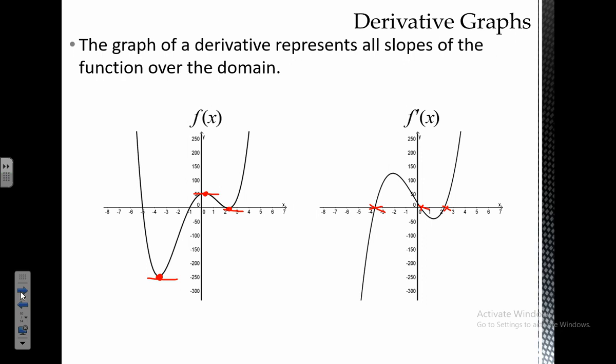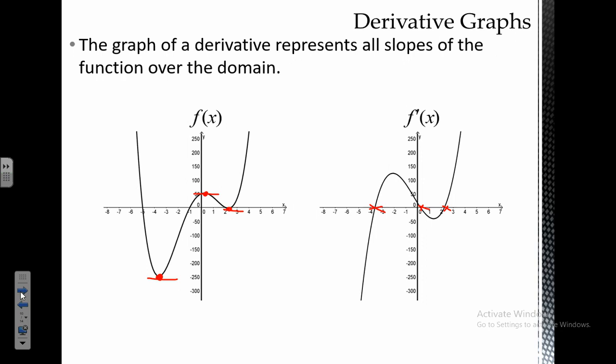We'll talk later about these points being relative minimums and maximums, which is a term that you talked about last year in pre-calculus. That's nothing new. But those are going to correlate with x-intercepts here on our derivative graph. We are decreasing up until negative 4, so notice how we are below the x-axis up until negative 4.